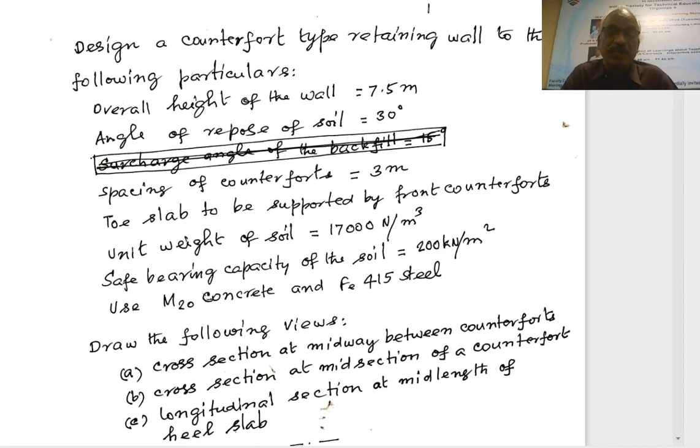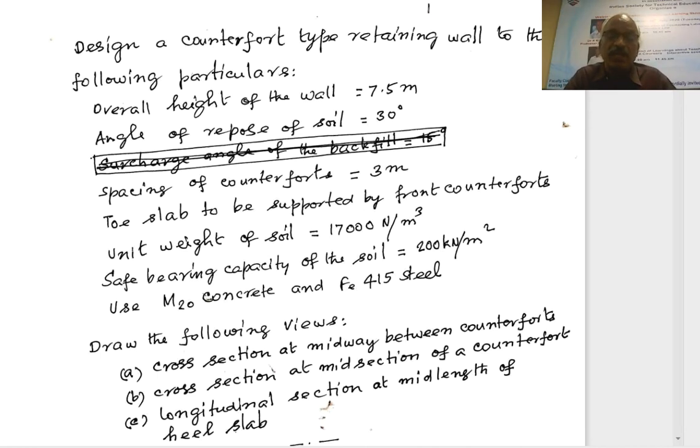Angle of repose of soil 30 degrees. Spacing of counterforts 3 meters. Top toe slab to be supported by front counterforts. On the front side also we are going to provide counterforts. Unit weight of soil 17,000 Newton per meter cube. Safe bearing capacity of soil 200 kilonewton per square meter.